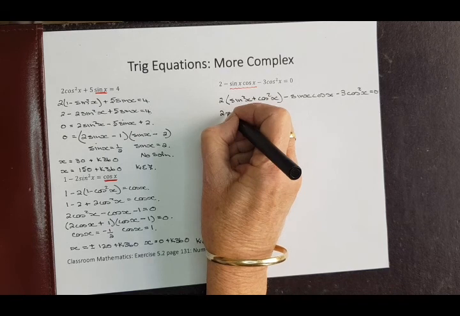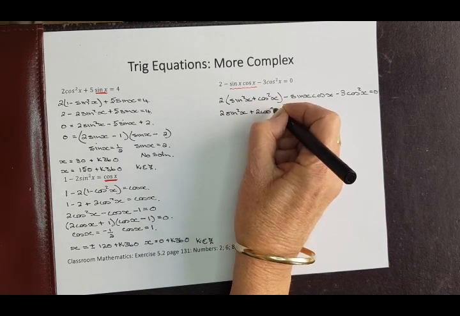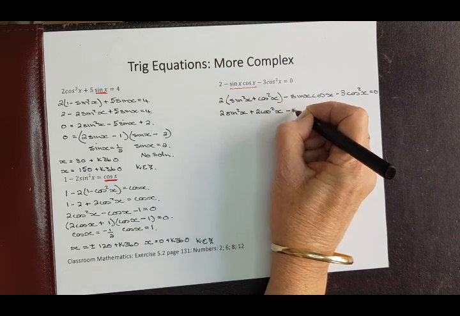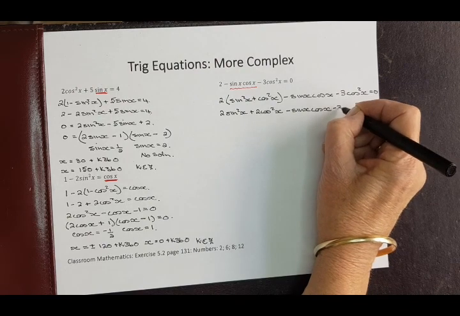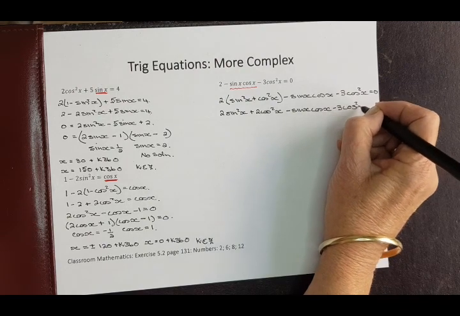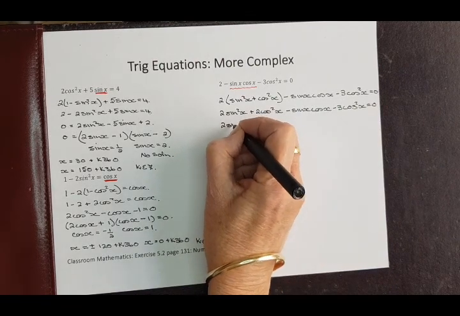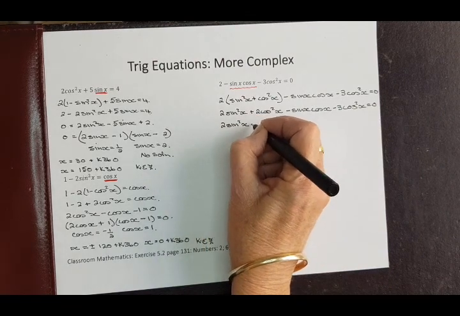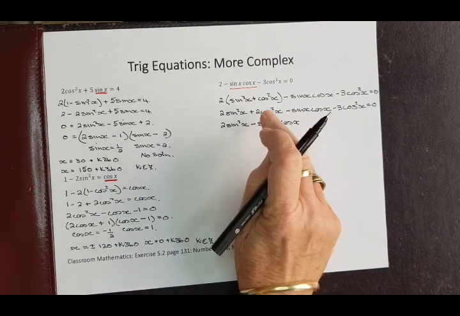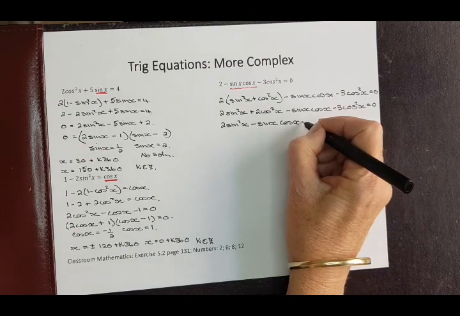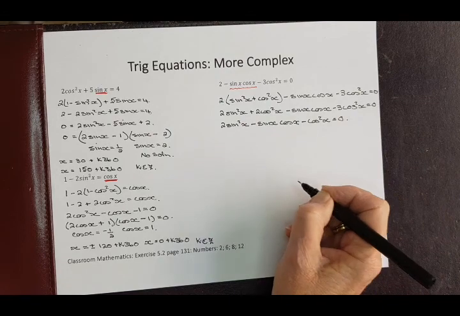This becomes 2 sine squared x plus 2 cos squared x minus sine x cos x minus 3 cos squared x equals 0. 2 sine squared x minus sine x cos x. 2 of them minus 3 of them gives me minus cos squared x, and that is equal to 0.